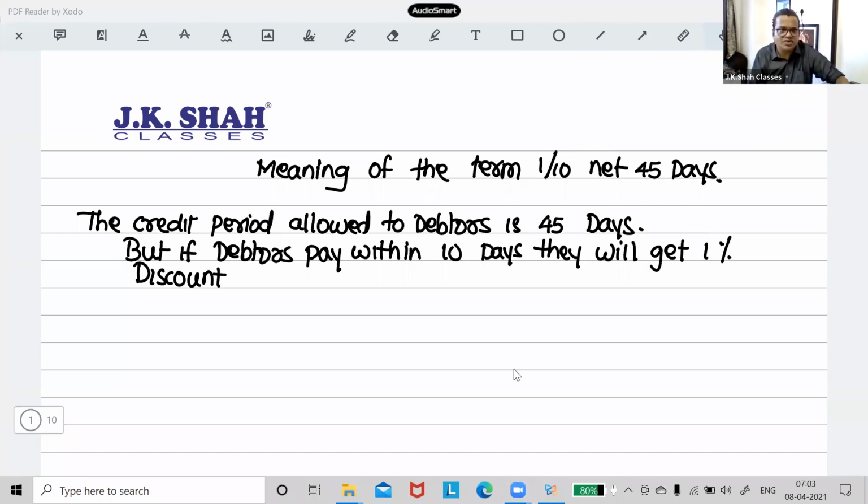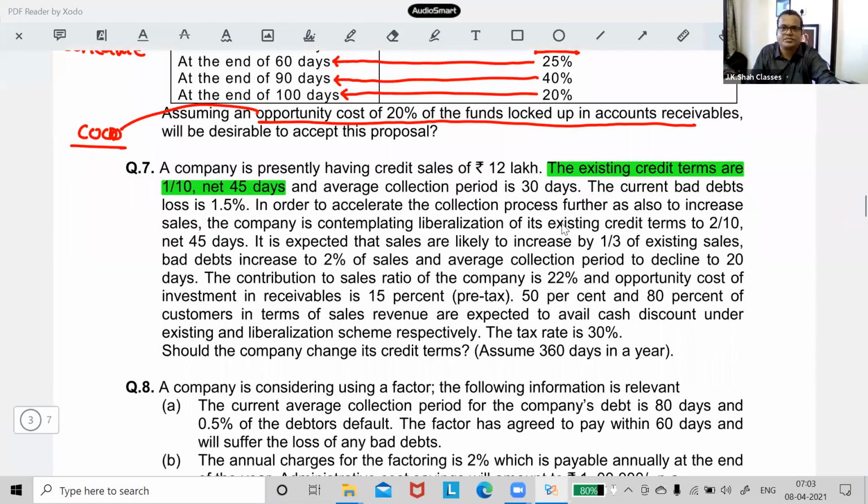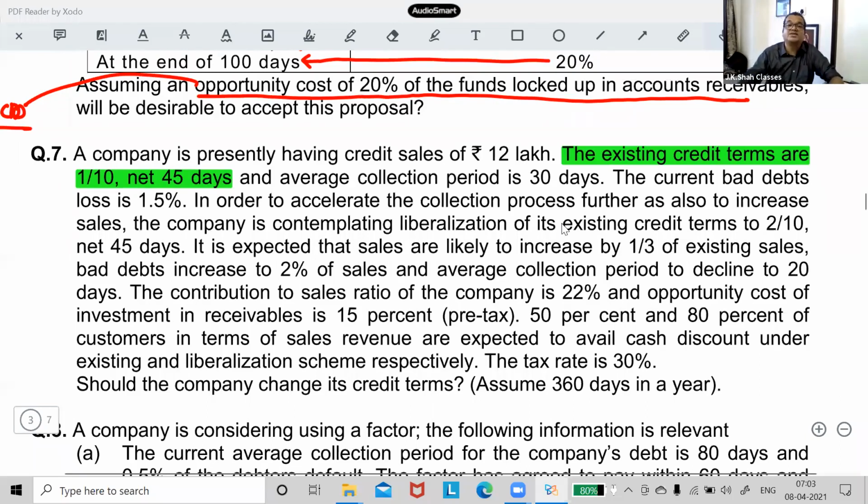So we should move ahead with the question now. Let's read the question. The company is presently having credit sales of 12 lakhs. Presently means existing.